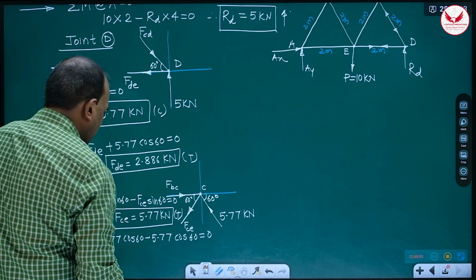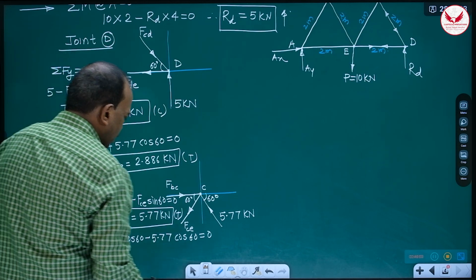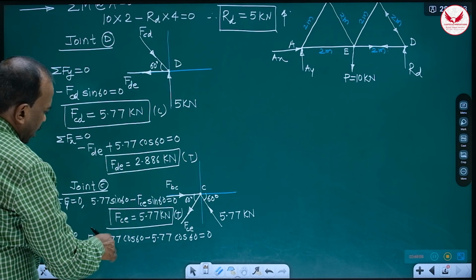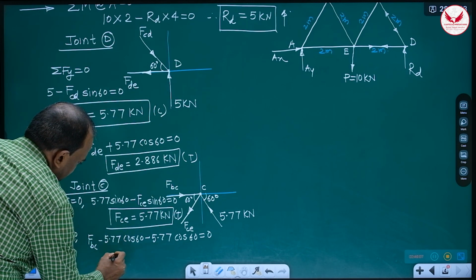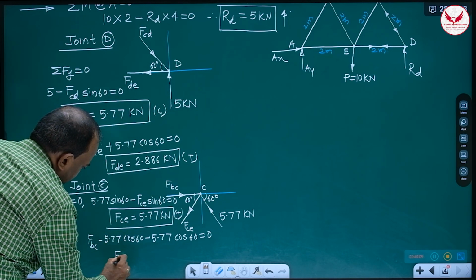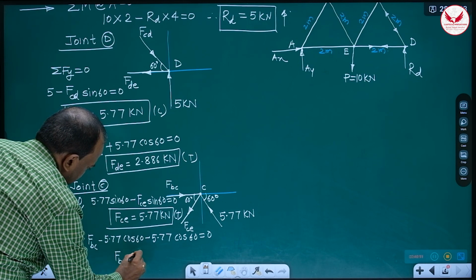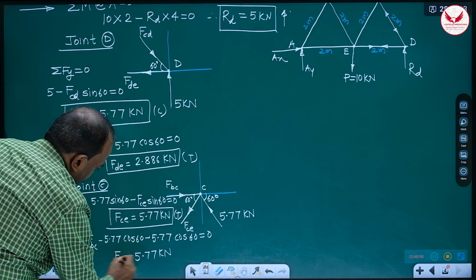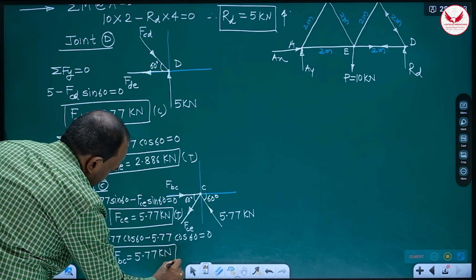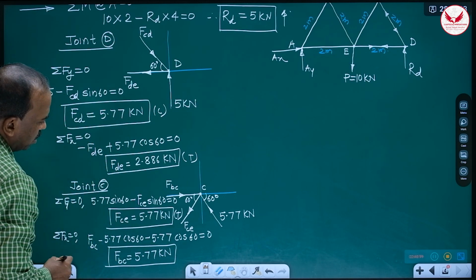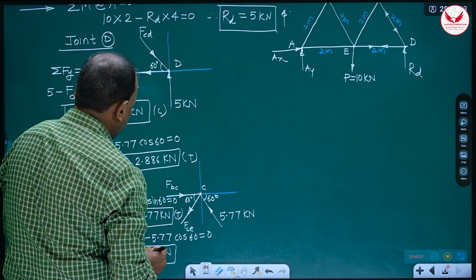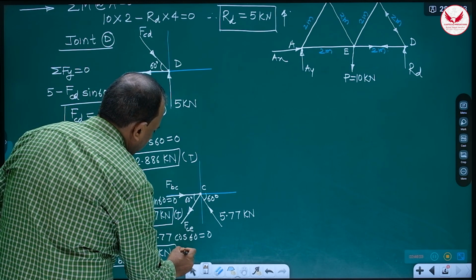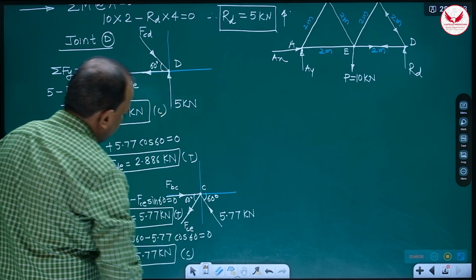Means FBC is 5.77 cos 60, it is 2.88, again 2.88, FBC is 5.77 only. And how is it? 5.77 BC towards the joint, it is compression.